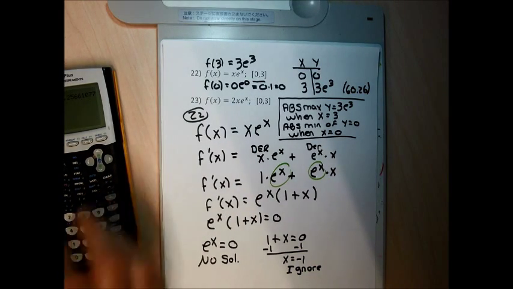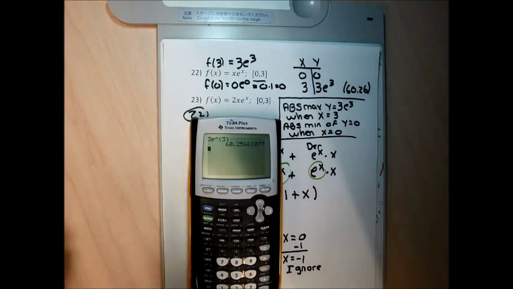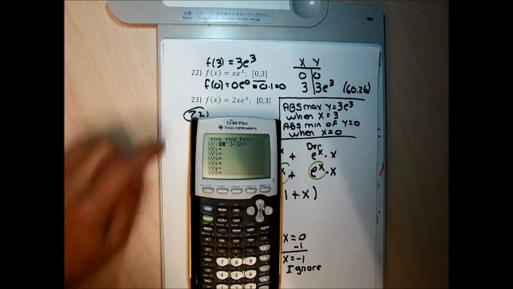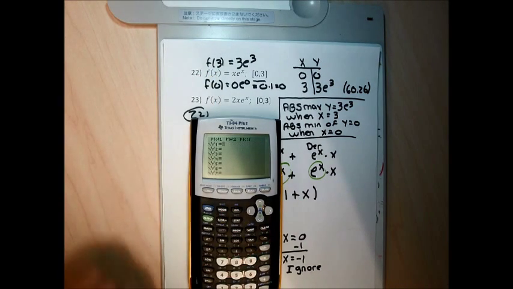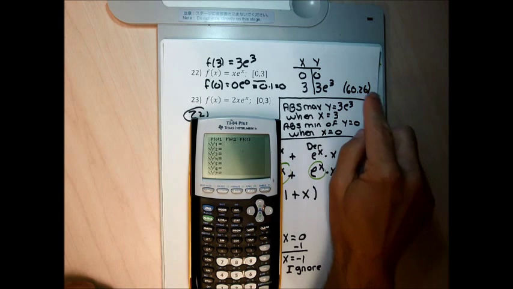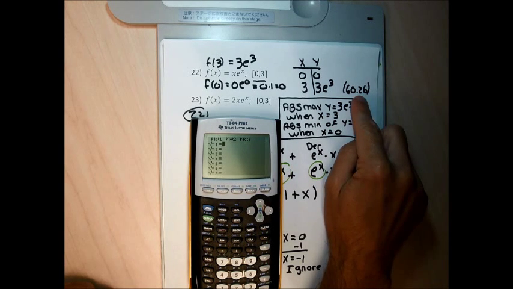So when I go to do this on my calculator, I'm going to expect the graph of x e to the x over the window 0 to 3 to have the absolute minimum at the left edge, the absolute maximum at the right edge. Because the y coordinate of the absolute maximum is equal to 60, my y max has to go bigger than 60.